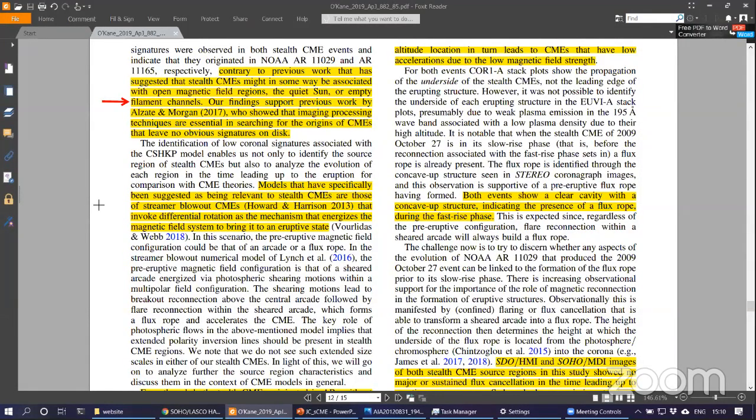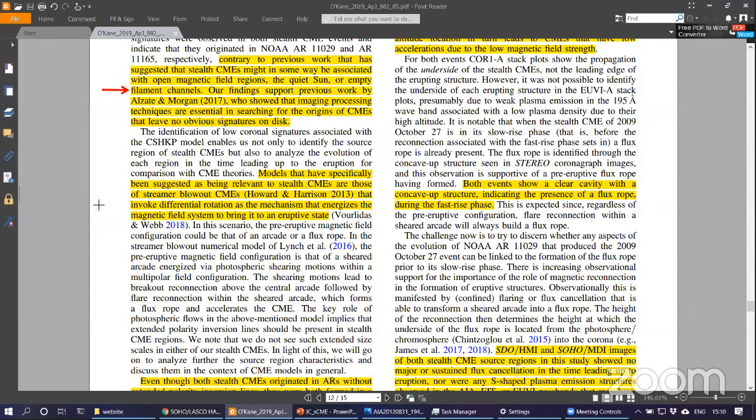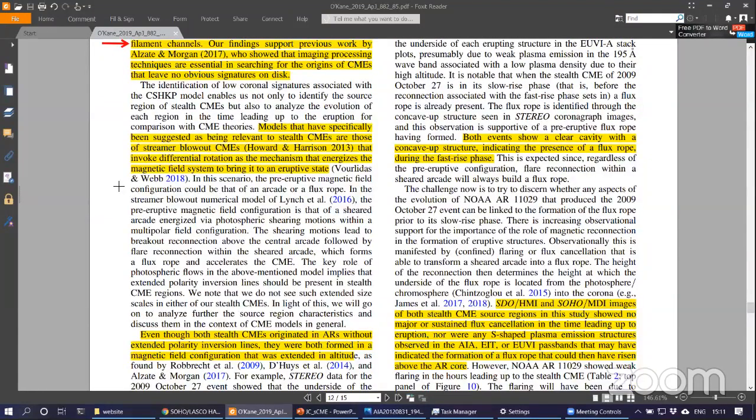Another thing, the current models are mostly related to the lower corona, so maybe we need to revisit what happens if the instability occurs higher up in the atmosphere. For these kinds of CMEs which they studied, there was not a very strong active region.